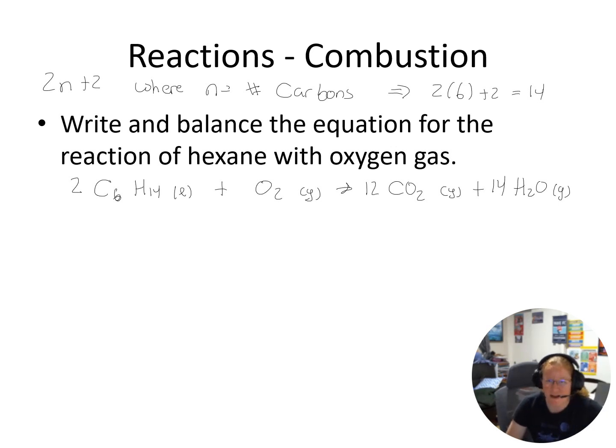Now let's figure out the oxygen. 12 times 2 is 24, plus 14 gives us 38, and 38 divided by 2 is 19. So there's a way that you can easily balance combustion reactions when you're just dealing with a hydrocarbon.